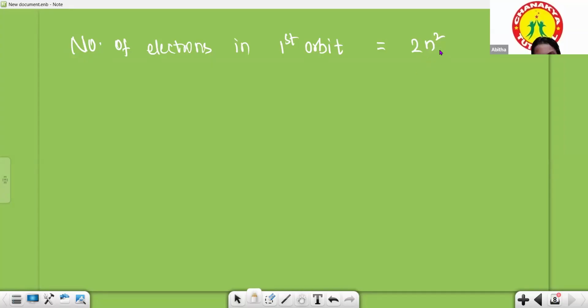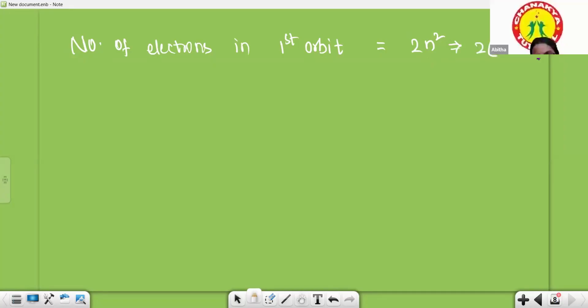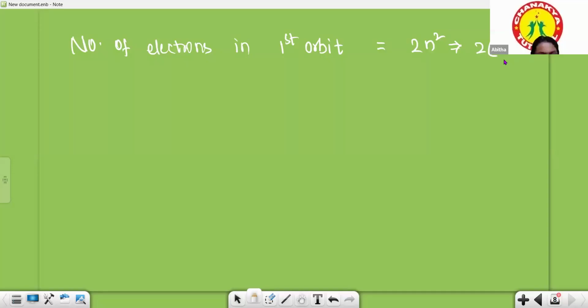And n stands for orbit number. What is the orbit number? One. So it's two into one square, which is two into one. So you can accommodate only two electrons in the first orbit.